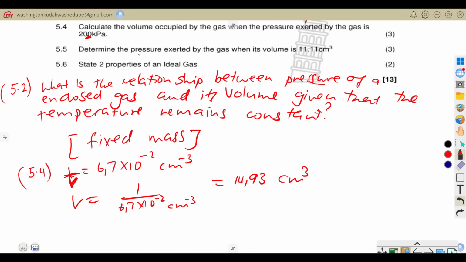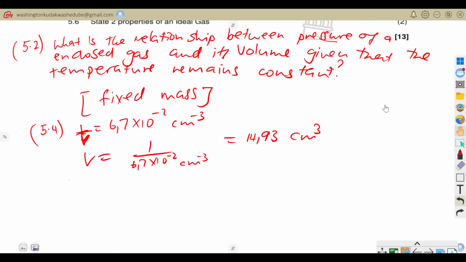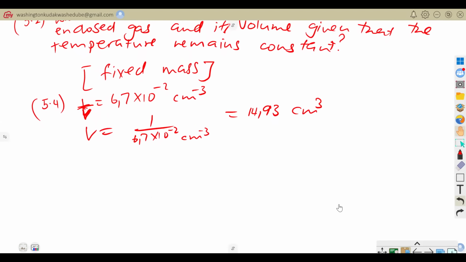Now they are saying determine the pressure exerted by the gas when its volume is 11.11 cubic centimeters. So if I have got 11.11 cubic centimeters, it will be easier if I use that law that we have just investigated. I now know volume 1, so I can say P1V1 is equal to P2V2.